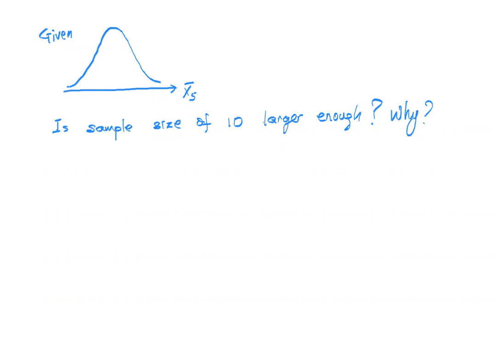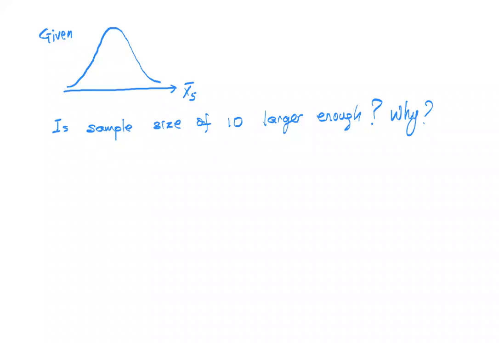So with the sample size of 5, the distribution of the sample mean is already normally distributed. So now with the sample size of 10, it is definitely normally distributed, but with a smaller spread, if you want to explain further.